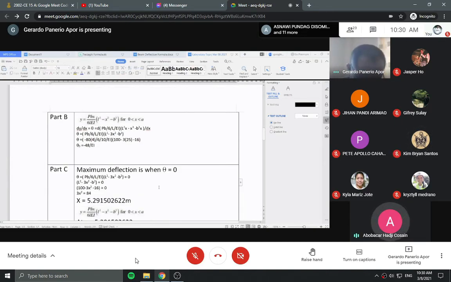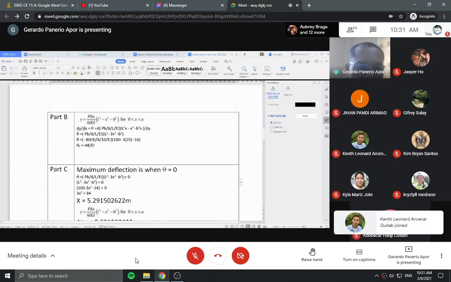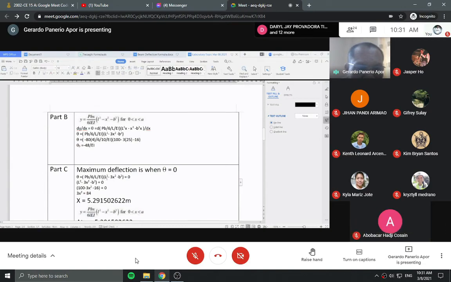Okay. Part C, sir. Why did the other formula vanish, sir? If you divide the left hand side of the equation by that number, 0 divided by 1 is 0, 0 divided by 2 is 0.